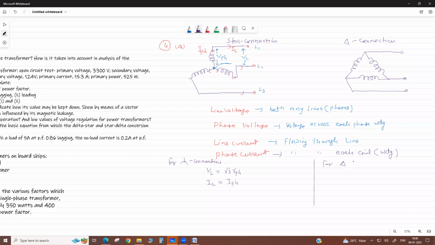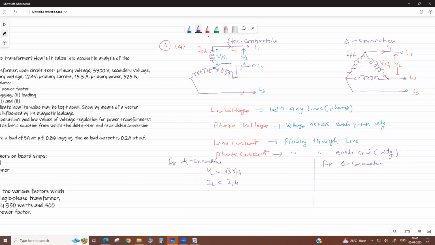For delta, see here, the voltage between these two lines is the line voltage, line 1, line 2, line 3. Now if we measure the voltage across this coil, that is the phase voltage, so it is the same here. But the current in each phase, suppose this is the current here, this is the line current, and here it is the phase current.